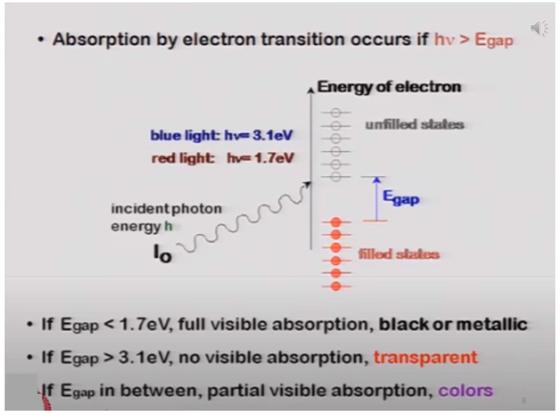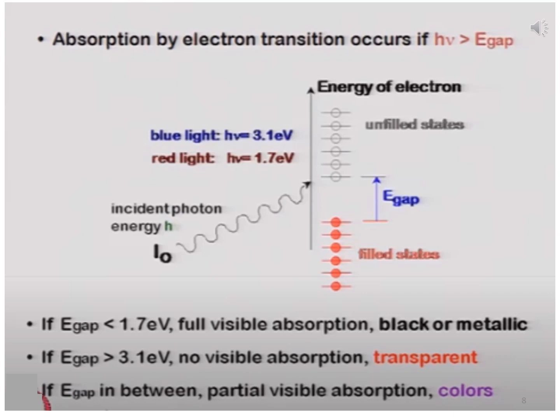For example, if the energy gap is less than 1.7 electron volts, then you can have absorption across the entire visible region, because the visible region starts from 1.7 to 3.1 electron volts. So if the energy gap is less than 1.7, the entire visible range can be absorbed and the material looks black or metallic.